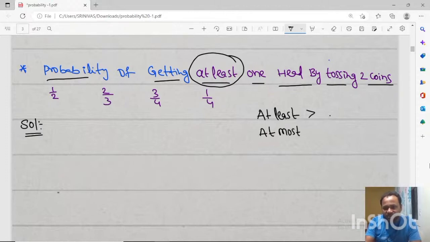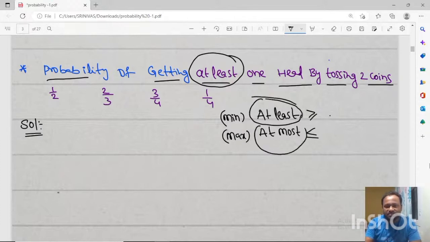At least means greater than or equal to, at least means minimum. At most means less than or equal to, at most means maximum. So these are two frequent words, at least as well as at most. At least, minimum one head required.